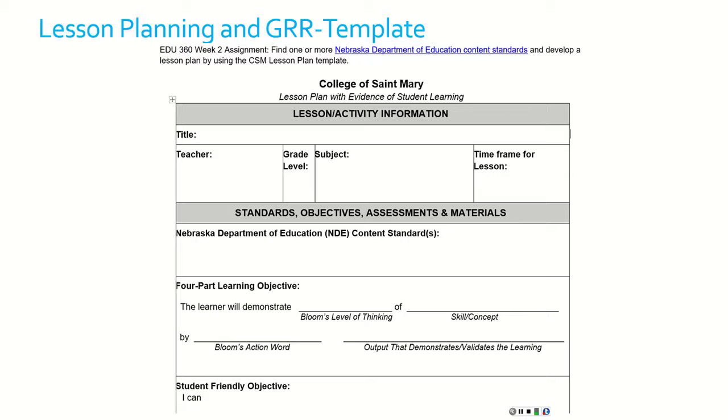Now this is modified. We're just going to start with just a section of it. There's more to the lesson plan, but we'll add that later. Our focus for this lesson plan is going to be on the lesson or activity information. You'll be looking at the content standards, the objectives, and the assessments that will demonstrate student learning, and the materials that you will need.